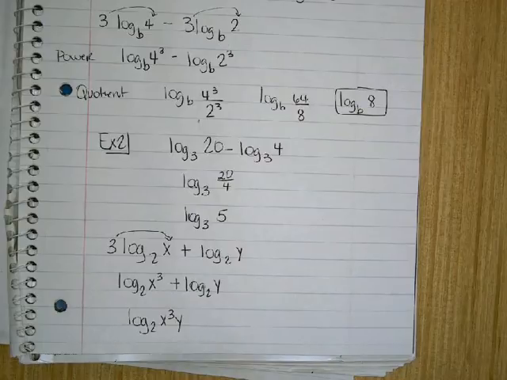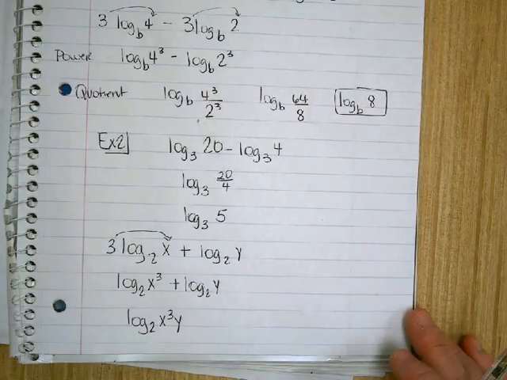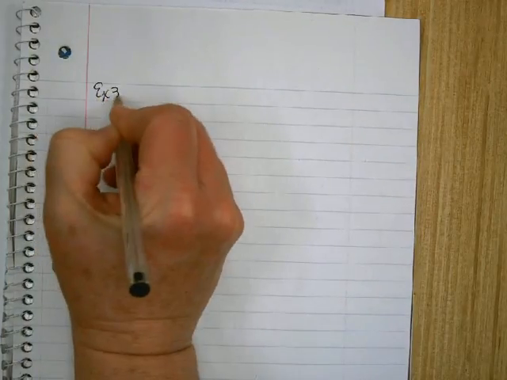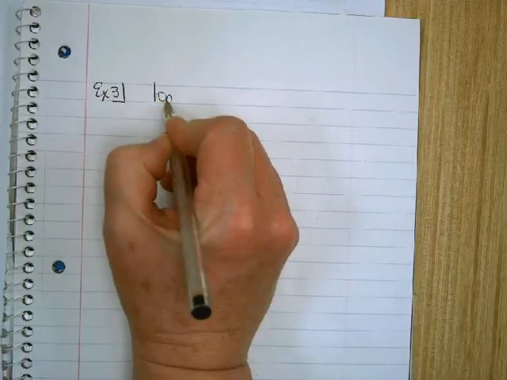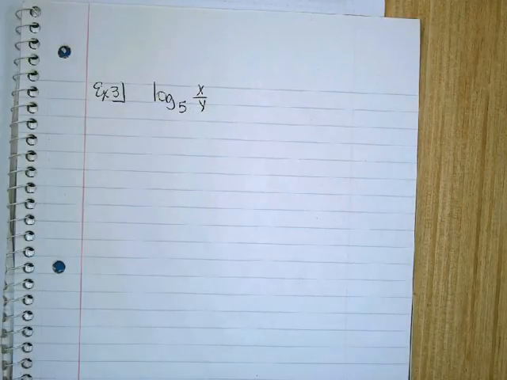Okay. Well, that's okay. You know, anything we do one direction, we turn around and go the other direction. So this is example 3. It says log base 5 of x over y. And they want you to rewrite it.